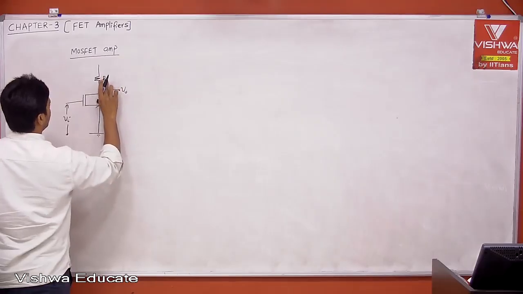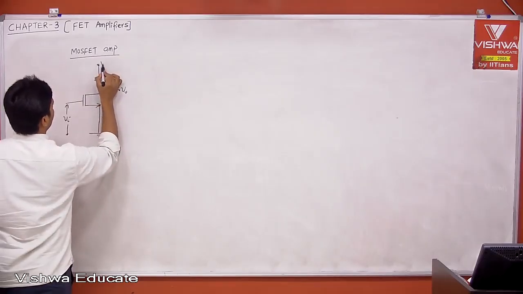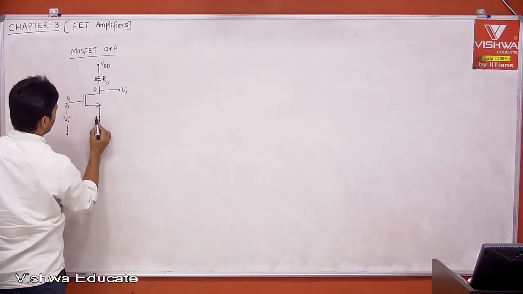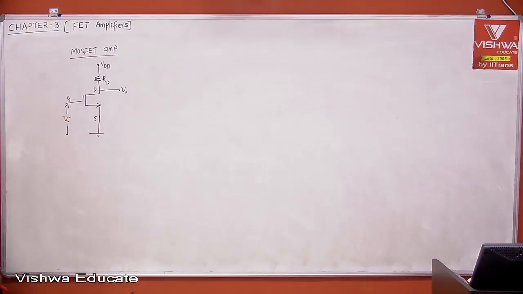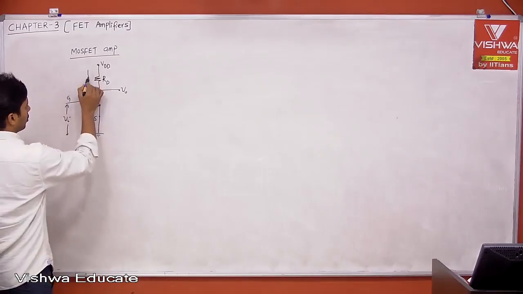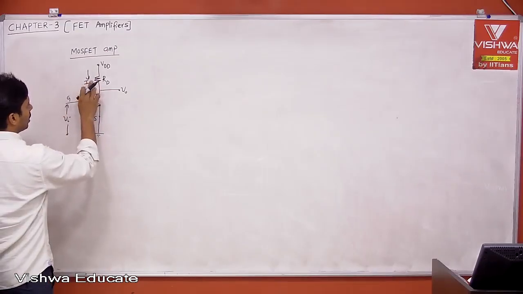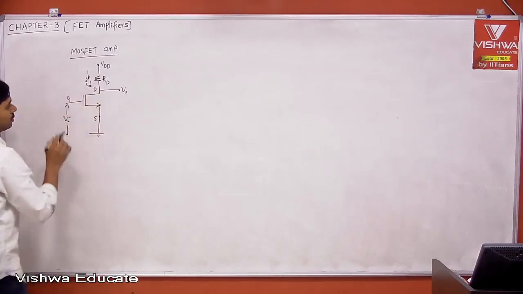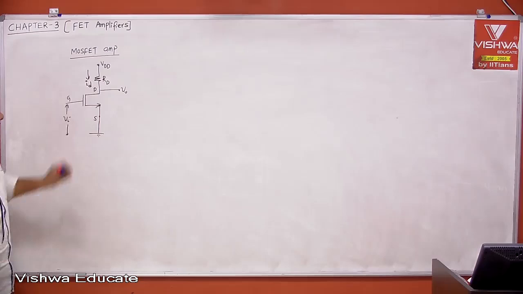This is RD and VDD, with drain, gate, source. Whatever input voltage we apply, that is VGS. That VGS produces ID, which for AC signals is small ID. Now, we want to know the relationship between ID and VI, or ID and VGS.